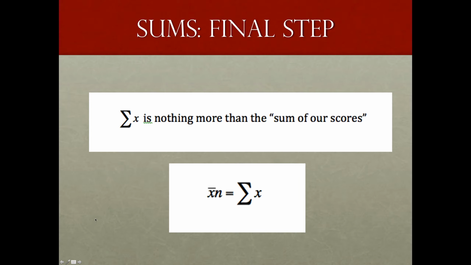So guys, keep in mind that the notation sigma x in statistics is nothing more than the sum of our scores. And keep in mind that we can always find the sum of our scores by taking the sample mean times the sample size. Alright guys, pretty cool stuff.